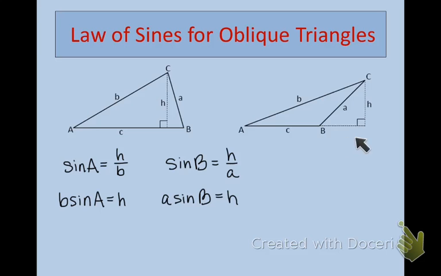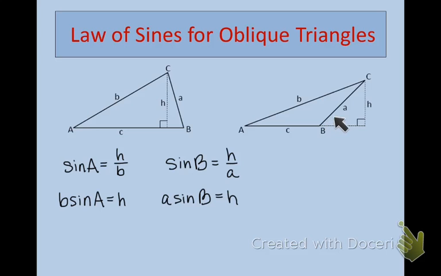Let's check the obtuse triangle. This one's a little bit trickier. If I want to use the right triangle from angle B, can I use the measure of B here?